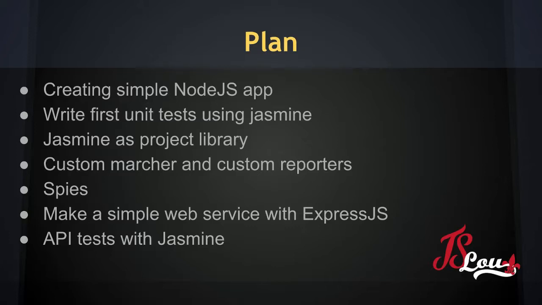We will take a look at what spies are, and if we have time, we'll make a simple web service using Express.js and try to cover the web API with tests using Jasmine as well. The last, bonus part is to see how we can run our unit and API tests on Git commit.